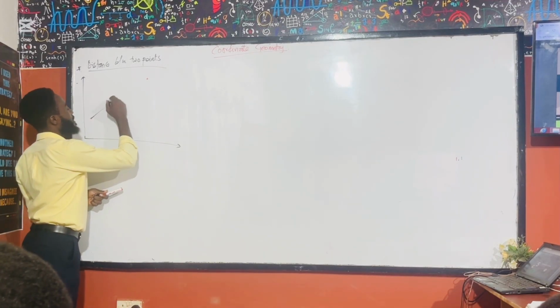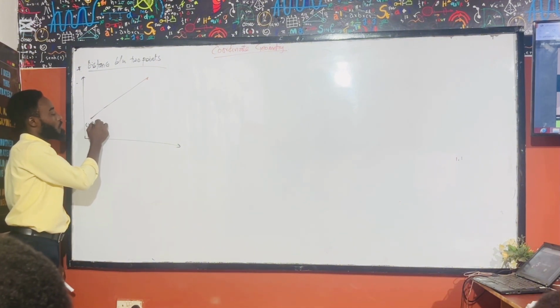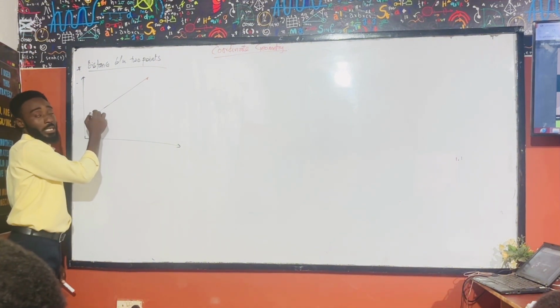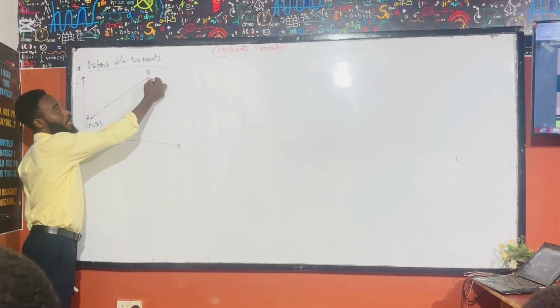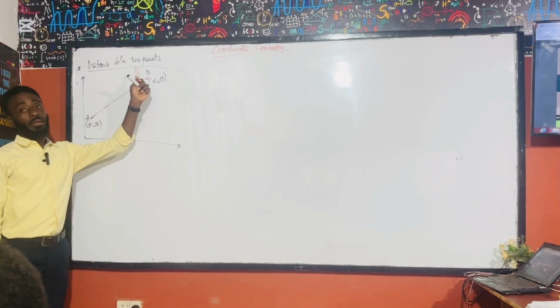I want to find the distance between these 2 points. Let's take this to be x1, y1, point A, and then point B is x2, y2.